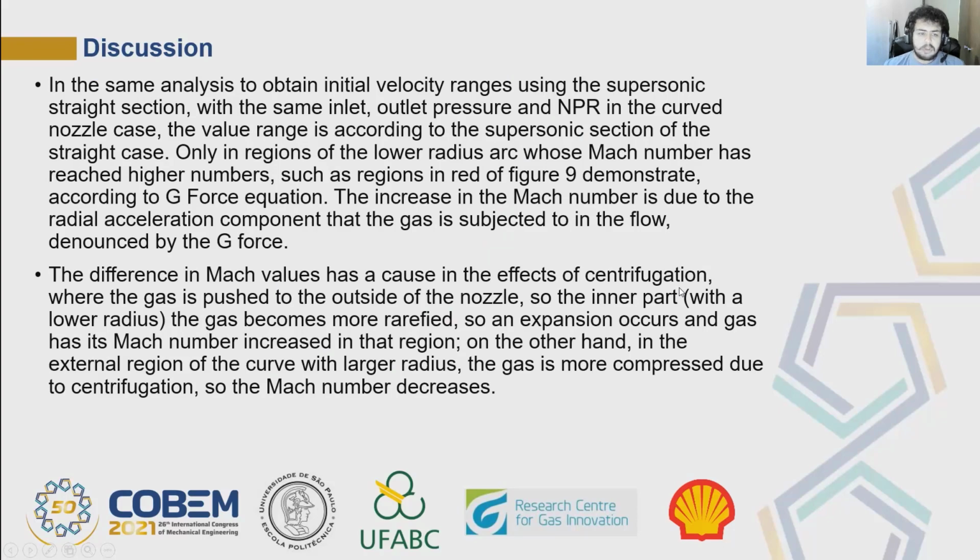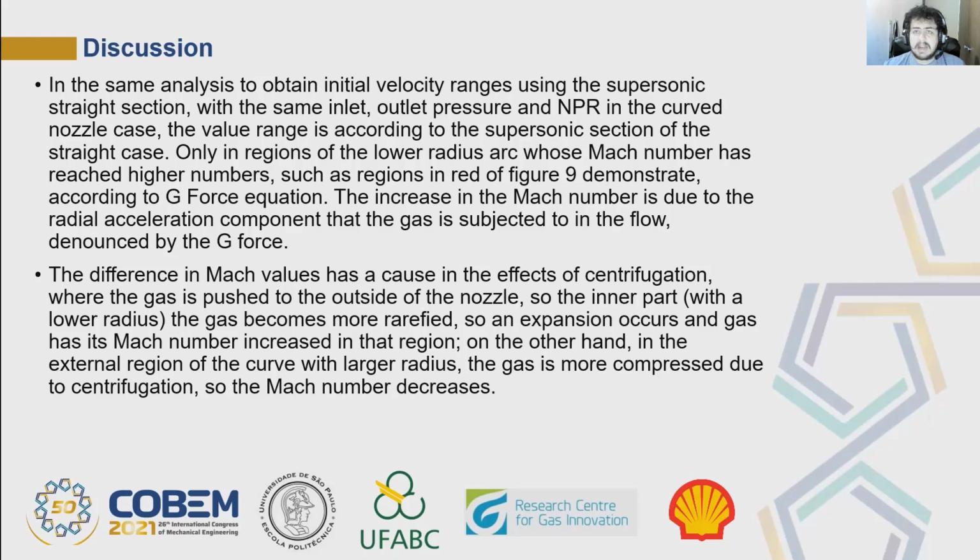Okay, but the difference in Mach value is caused by the effects of centrifugation, where the gas is pushed to the outside of the nozzle. So the inner part with a lower radius has the gas becoming more rarefied.